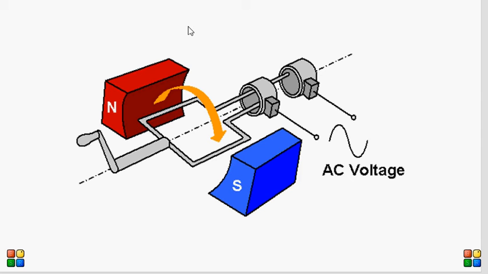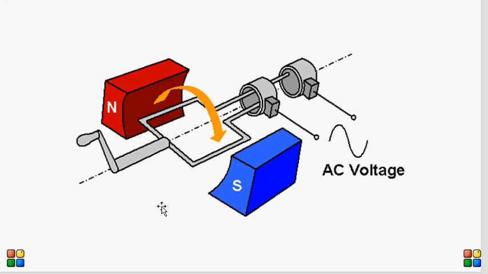Then electric current will be produced like this, and hence at the ends there is electric current. Slip rings are not split rings. Split rings are basically like half of slip rings.